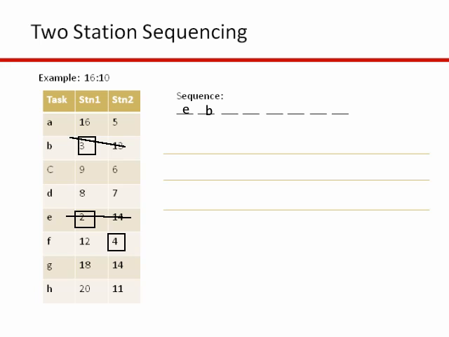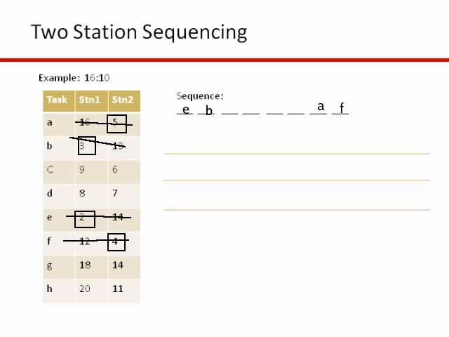So we're going to put it all the way to the right, and then we'll eliminate it from further consideration. And then the next one looks like it's A. And again, it is on the second station, so we're going to put it to the rightmost available spot. And then we'll eliminate it from further consideration.